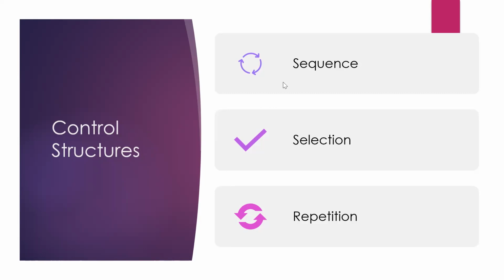So under this, let's take down. There are three types of control structures. Sequence, first one. The second one is called selection. The third one is repetition. There are three types of control structures used when developing algorithms: sequence, selection, and repetition.